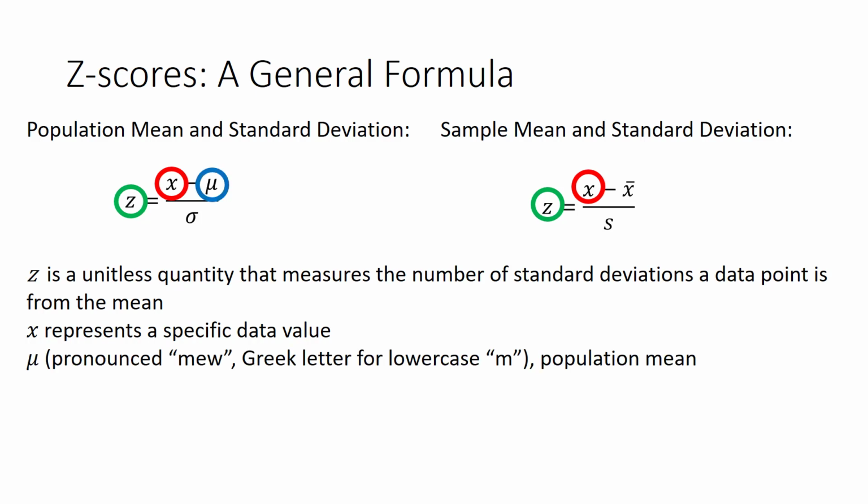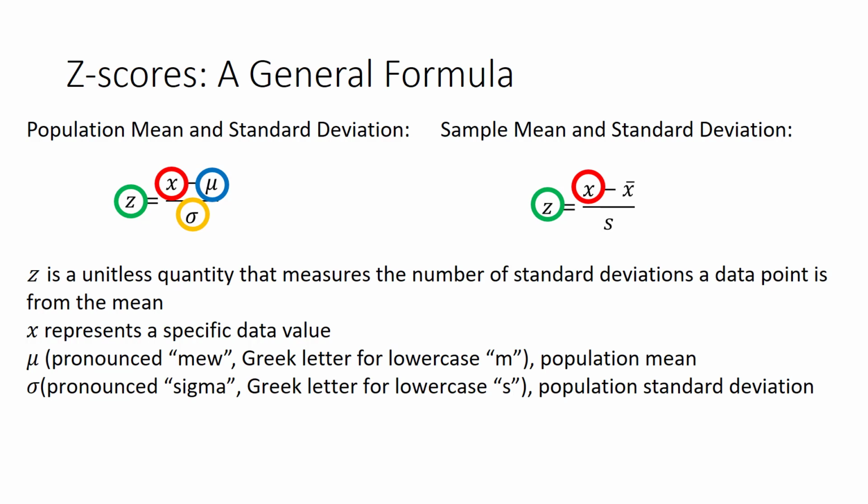In the first equation, you can see that we have this symbol. It somewhat resembles the regular letter U. It's actually the Greek letter mu, the Greek letter for lowercase m. It's pronounced with the M sound, so it makes sense that the M would represent the population mean.